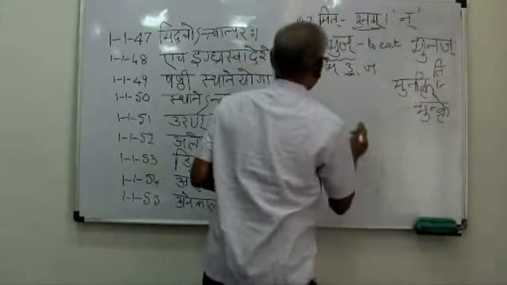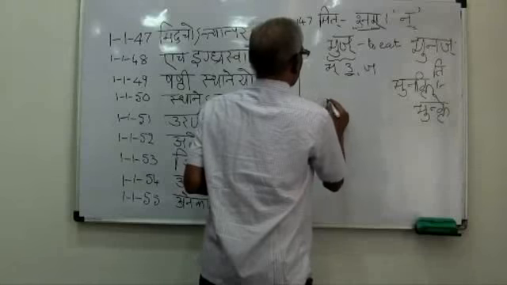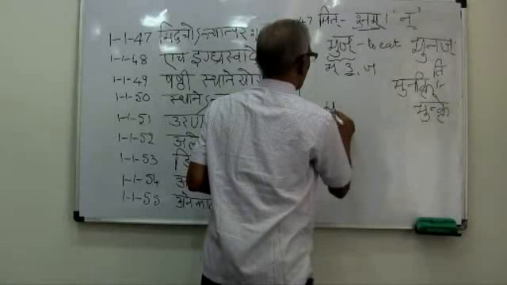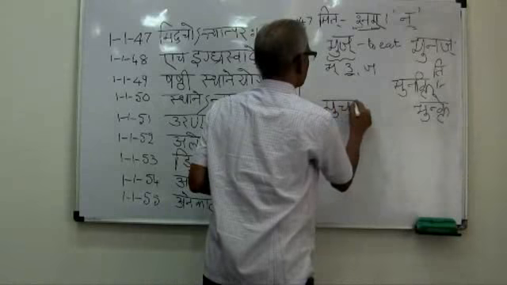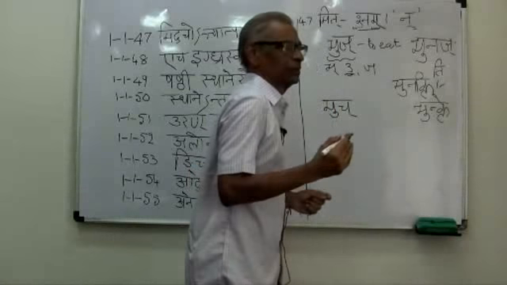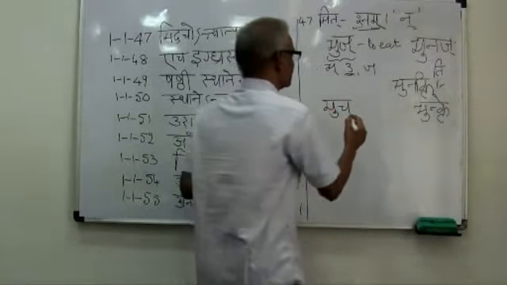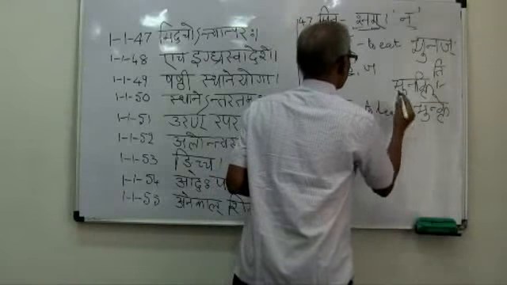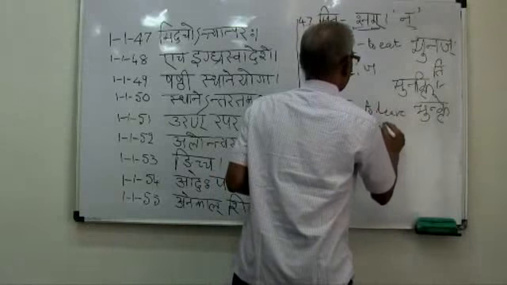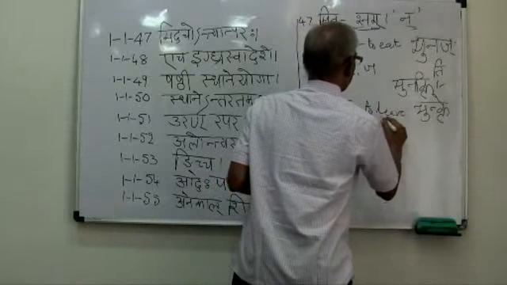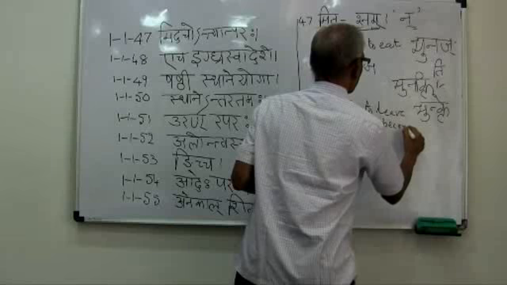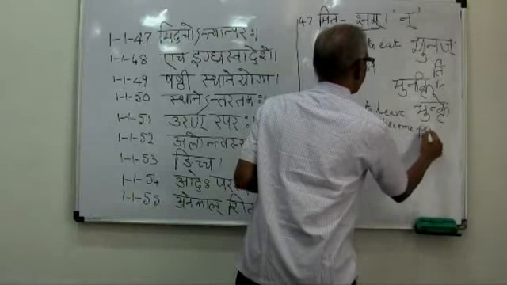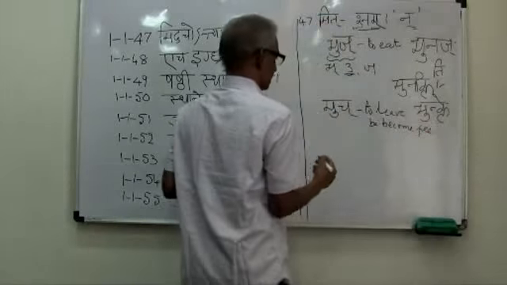Second example we take. Much dhatu. Much means mochane, that is, to leave, to become free, or to make free, whatever it is.